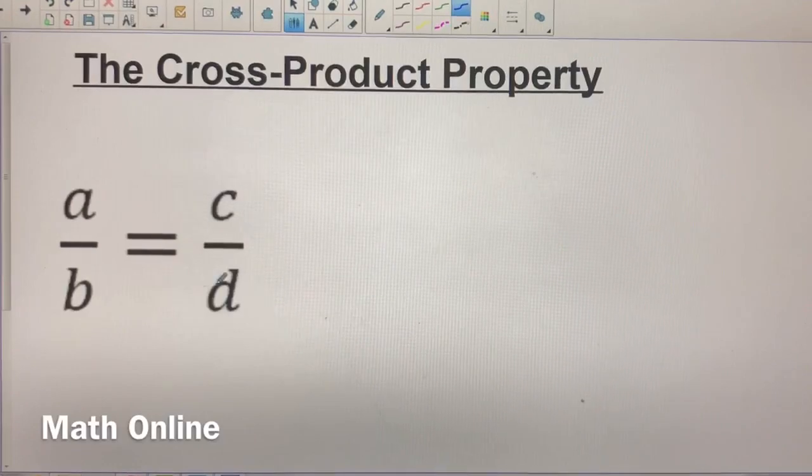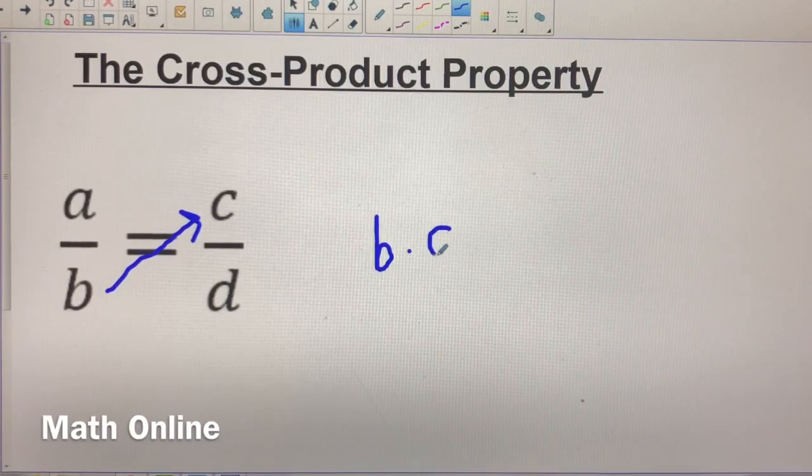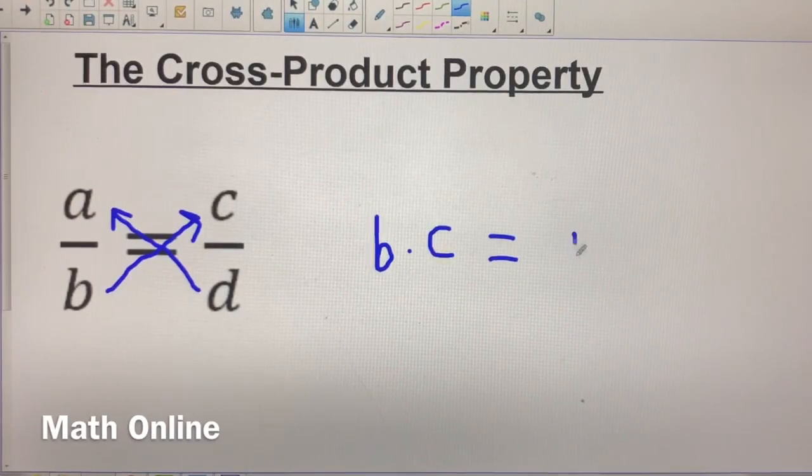So here's the idea. What we want to do is cross multiply. We're going to take B times C, and write our new statement, B times C equal to the next product, which would be D times A. Let me make this longer so it looks like a D. There it is.